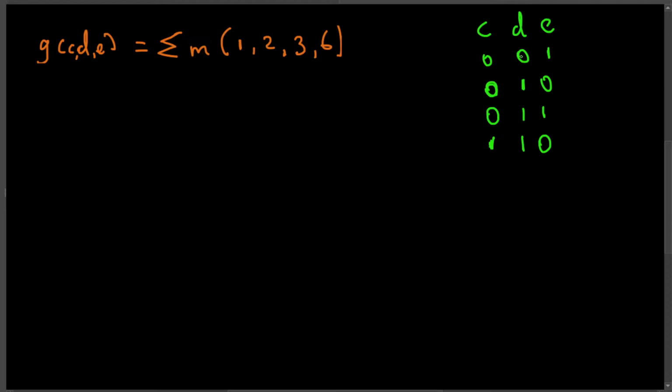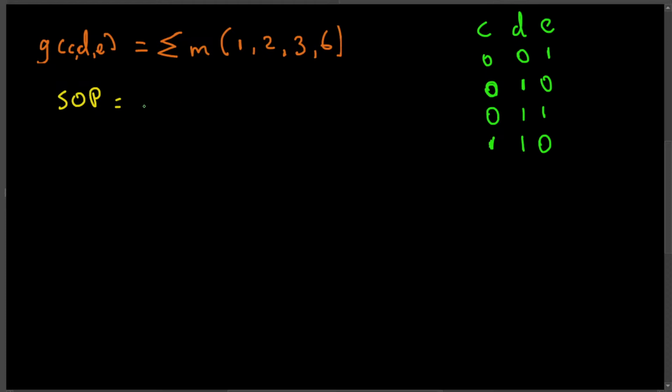And now we can express this one in terms of sum of product form. So if we expand this one, how is it going to look like? It's going to look like this, like SOP form. What we have to do is just complement the zeros, and we keep the 1 as it is.